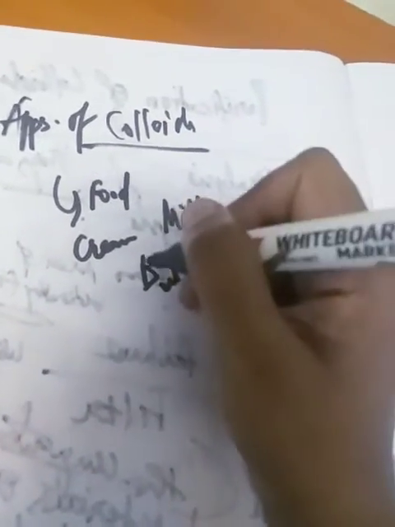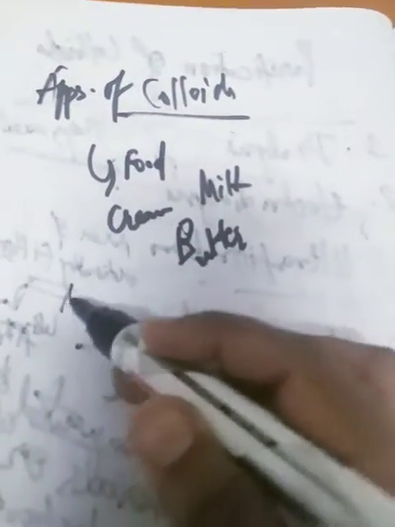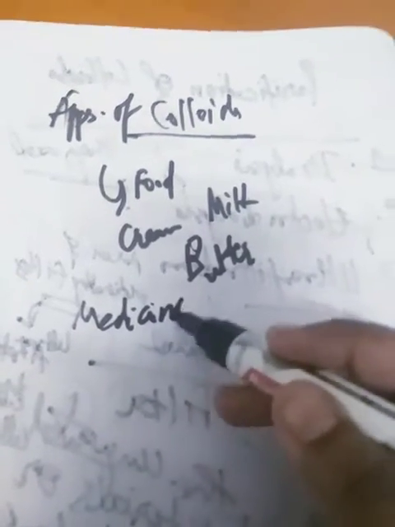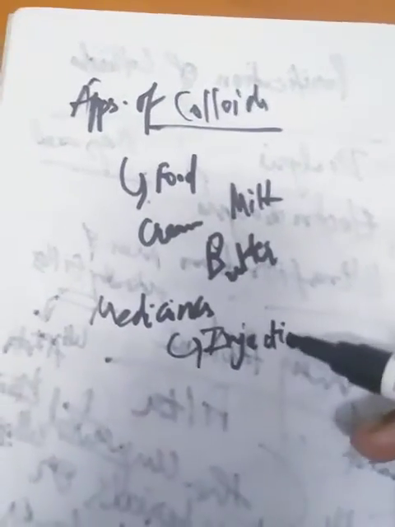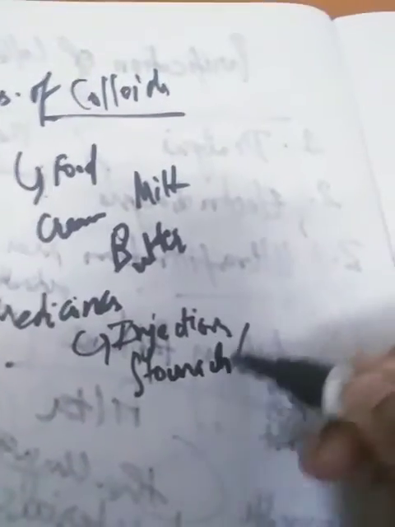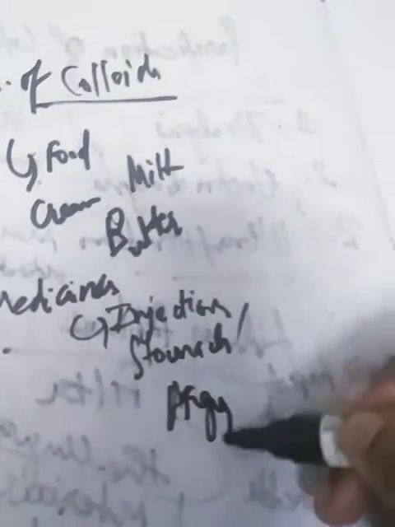These colloids can be used in food, for example cream, ice cream, milk, butter, etc. And in medicines, we have tonics, gels, injections, stomach ache gels, argyrol, ulcer solutions, and colloidal substances like Digene, which come under medicine colloids.